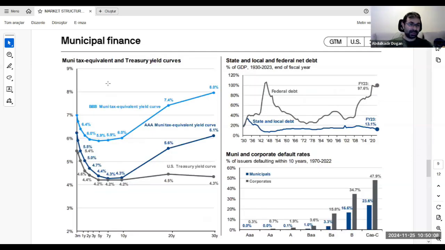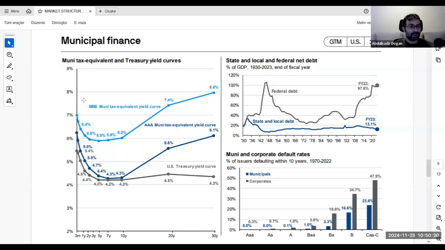And the municipal finance. As you see, in each government, in each city, we have municipalities, and they need some money and cash to make their investment. Like the treasury, they are also printing some financial instruments to borrow from the market, and these are municipal bonds, like the government bonds.